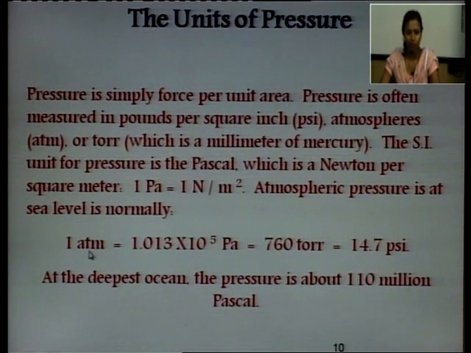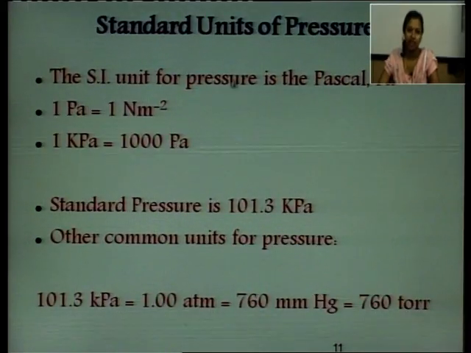If we know the pressure in atmospheres, we can easily know pressure in Pascal. The SI unit we already discussed is Pascal, which is Newton per square meter. So 1 kilopascal is 1000 Pascal because 1 kilo is 1000.